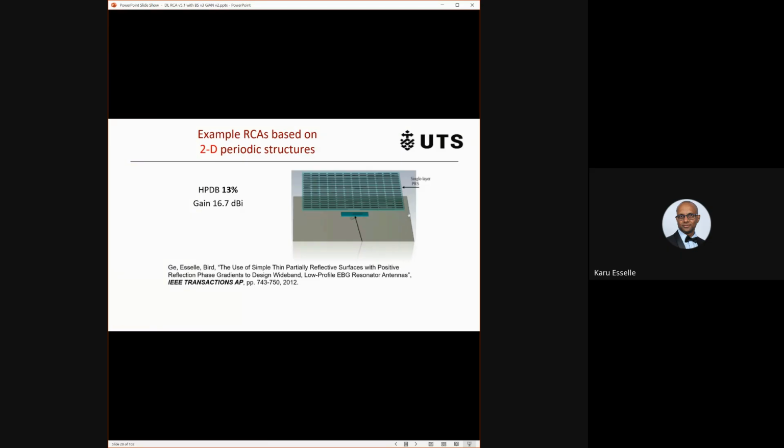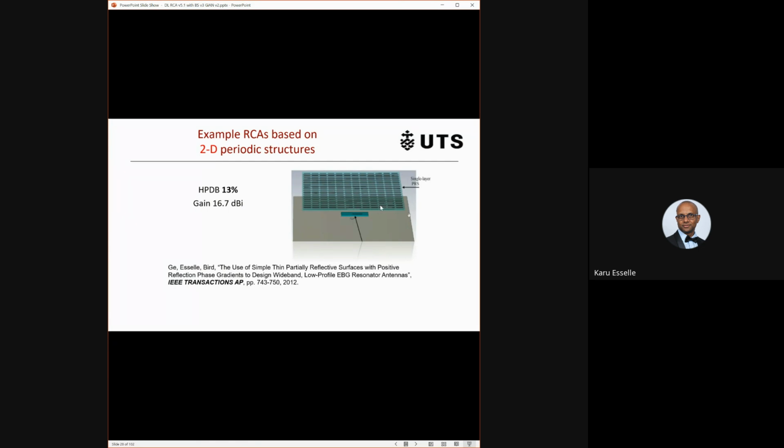Okay, this is another example of PCB type. I will come back to the design part of this later. So this is FSS printed on a substrate, dipoles, two dipole arrays, one above, one below.